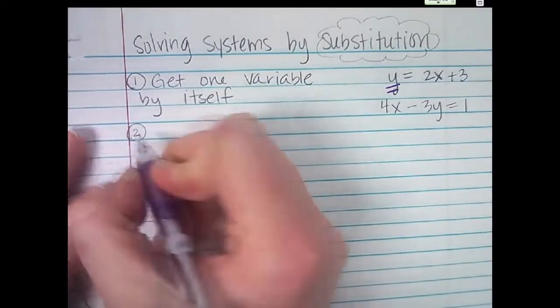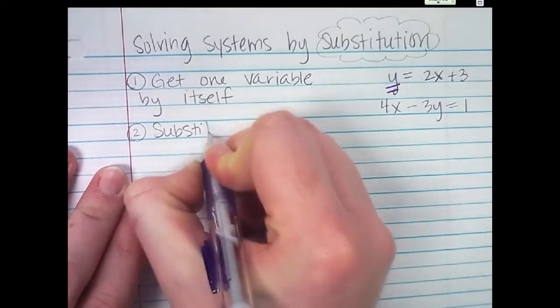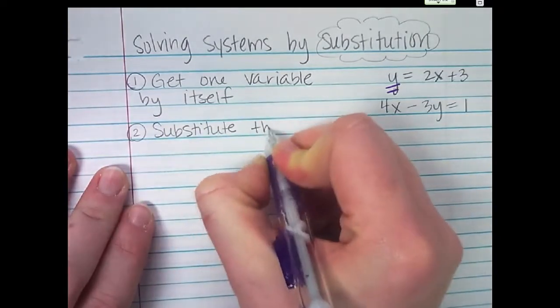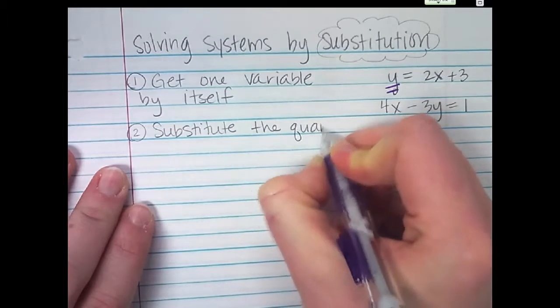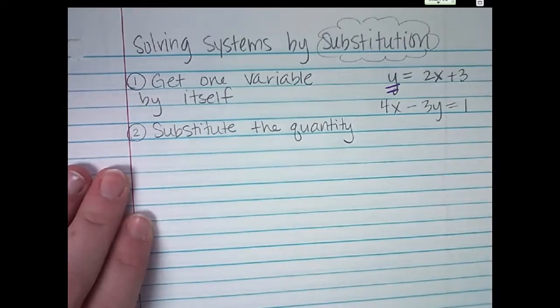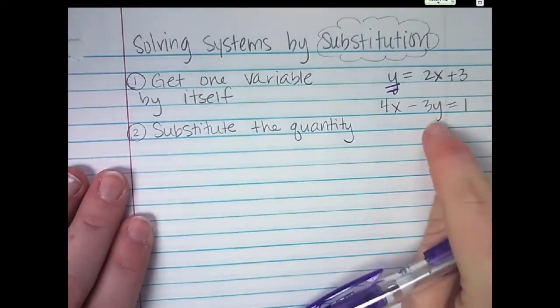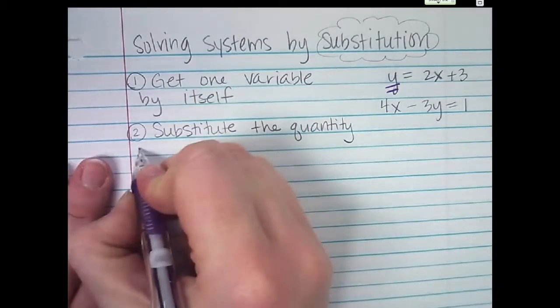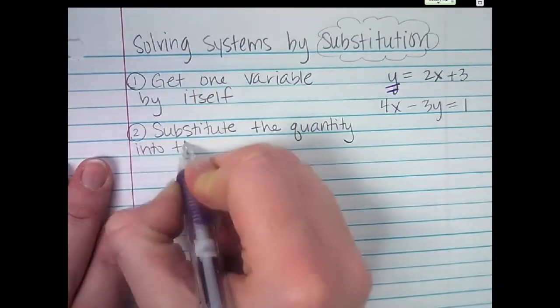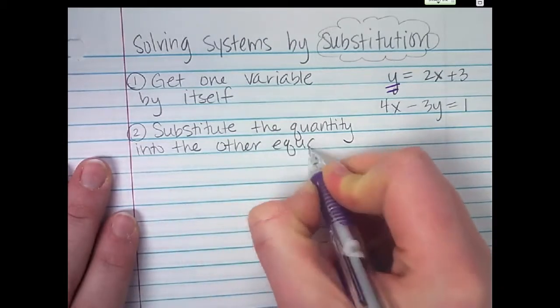Okay, after the variable is by itself, we're going to substitute the quantity, and that just means the y equals something. Whatever that something is, we're going to substitute that into the other equation.